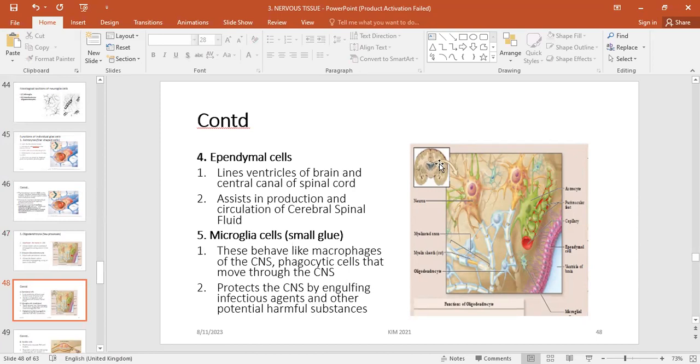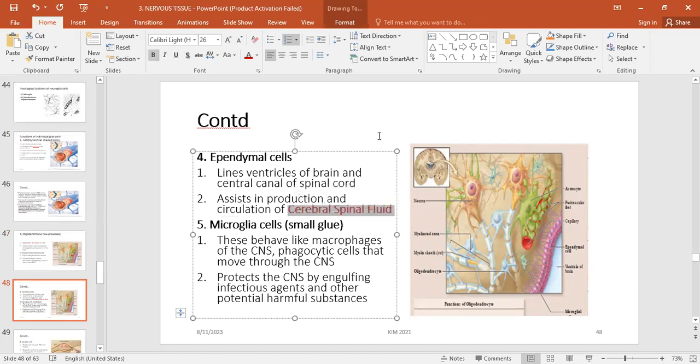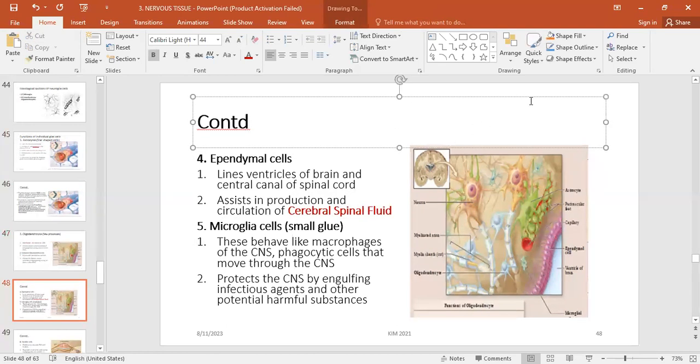Here we're just seeing the lateral ventricles, left and right, the largest ones. These ventricles produce what we call cerebrospinal fluid, because in each ventricle there are special capillaries which we call choroid plexus. The choroid plexus is where cerebrospinal fluid is made from.